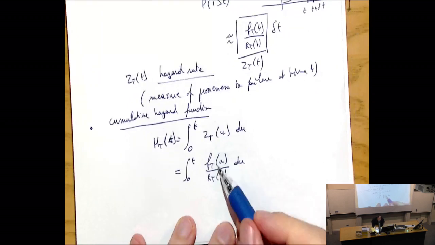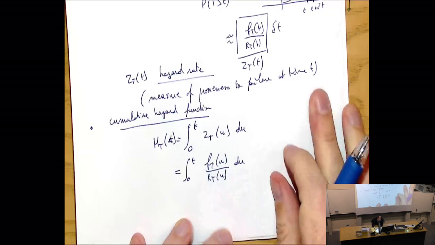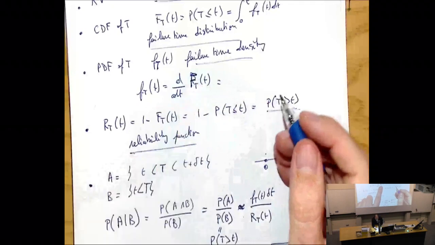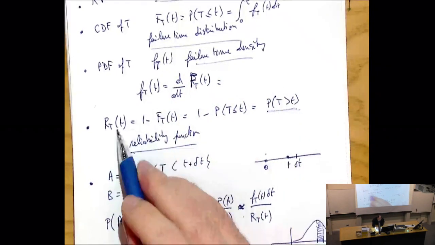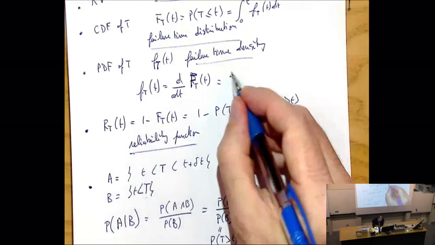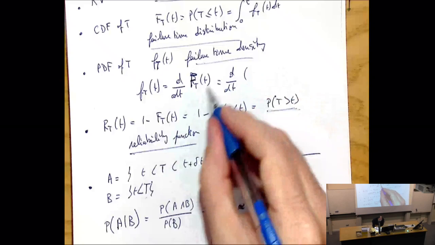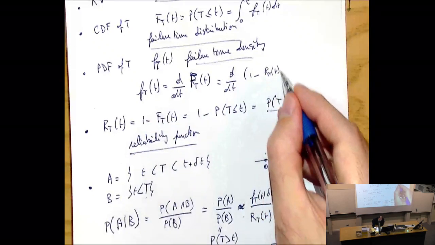What's the relationship between the CDF, the PDF, and this reliability function? Well, I can go back to here and say that my CDF is nothing else than 1 minus the reliability function. So the PDF is the derivative with respect to t of this quantity, which is 1 minus the reliability function.